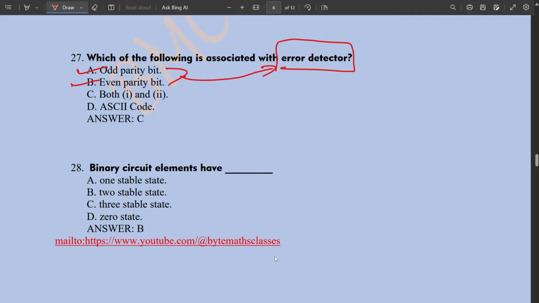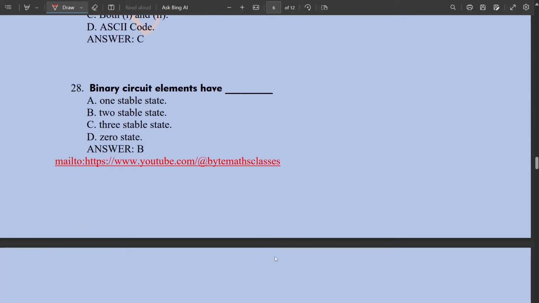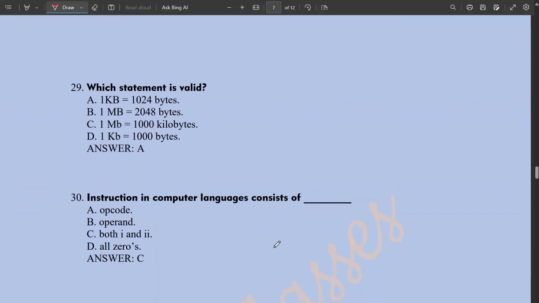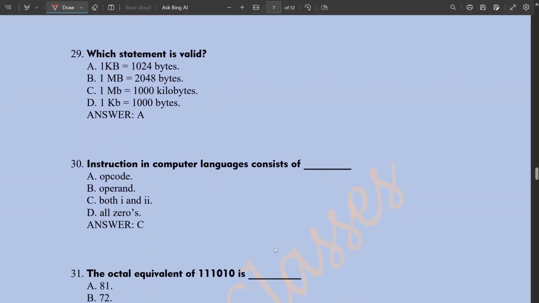Next, binary circuit elements have two stable states, 0 and 1. Next, which statement is valid? In 1 KB, 1 kilobyte is equal to 1024 bytes. We all know that 1 byte has 8 bits.